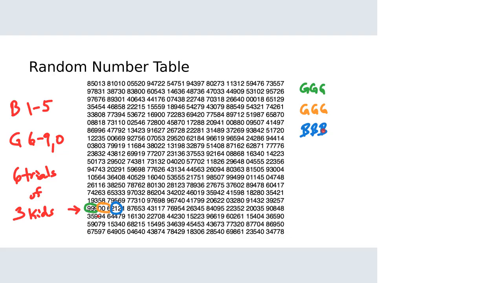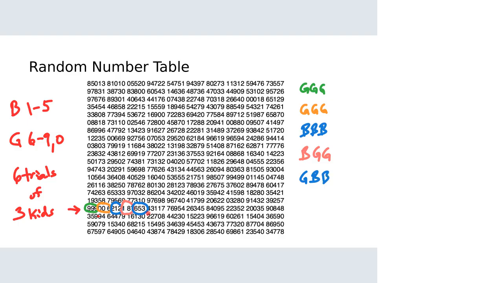And I need to do this 6 times, so I'll just keep going until I have 6 of them. The next one is 1, 8, 7. So that's boy, girl, girl. And then my next one is 6, 5, 3. So that's a girl, a boy, and a boy. 1 more to go.